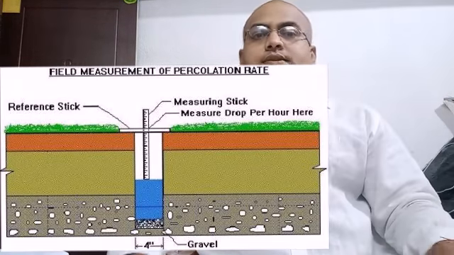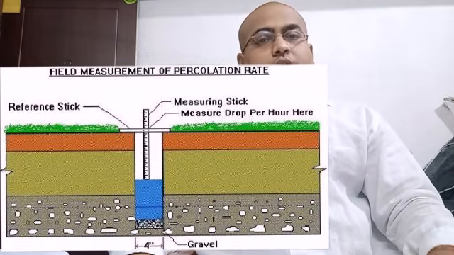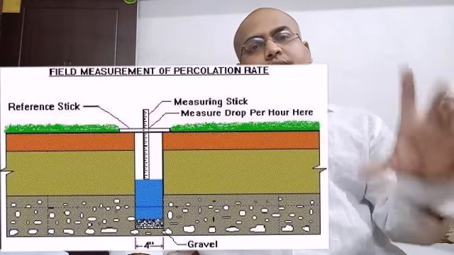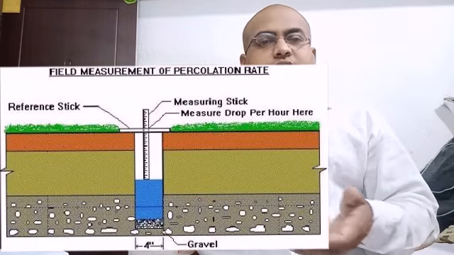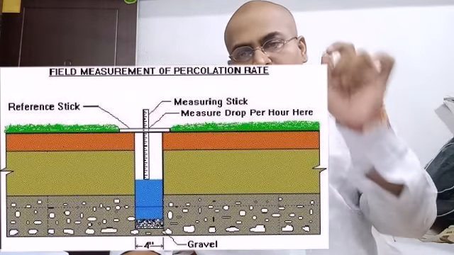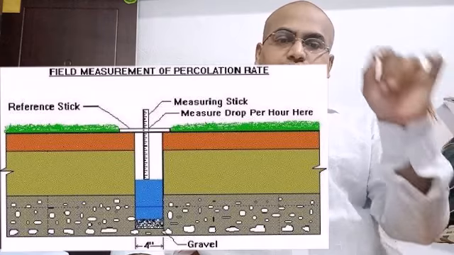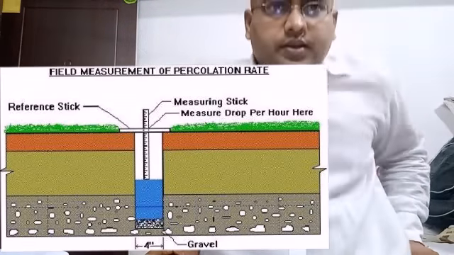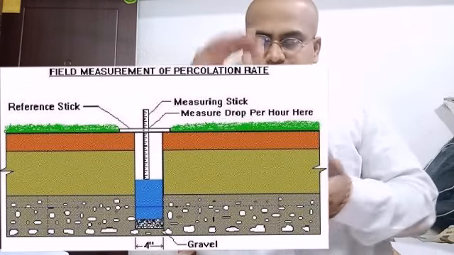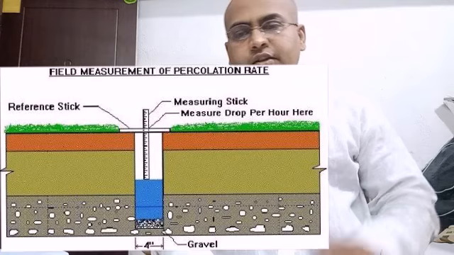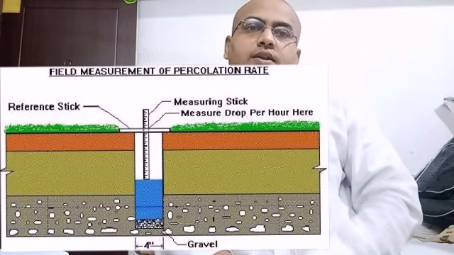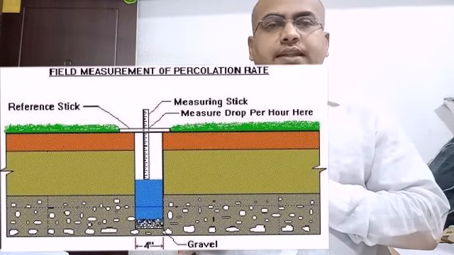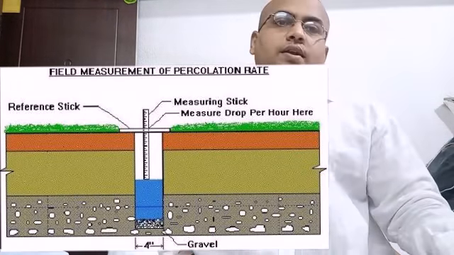Then we put these pipes inside the ground, from where we are collecting the soil sample. After doing this, we take a jar of the same measurement, in which 200 ml of water can be adjusted, and we start pouring the water in the pipes.